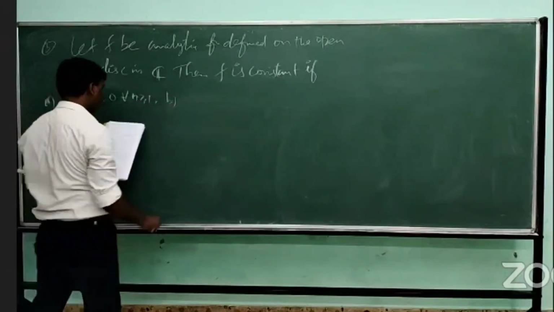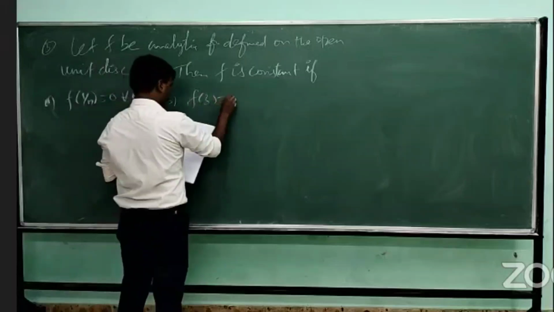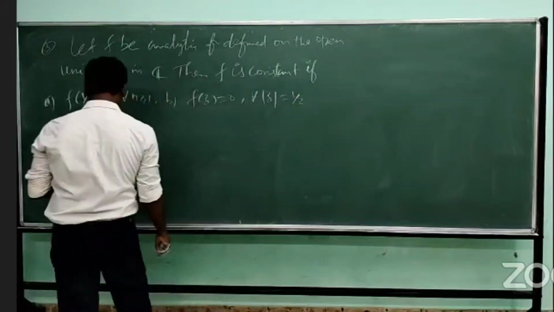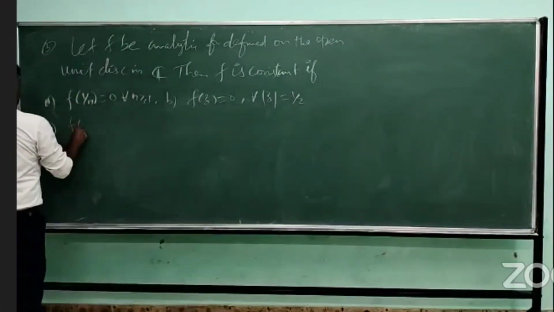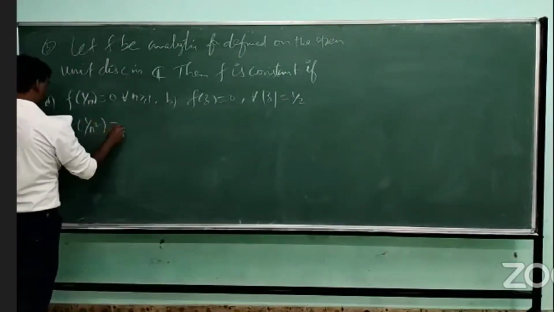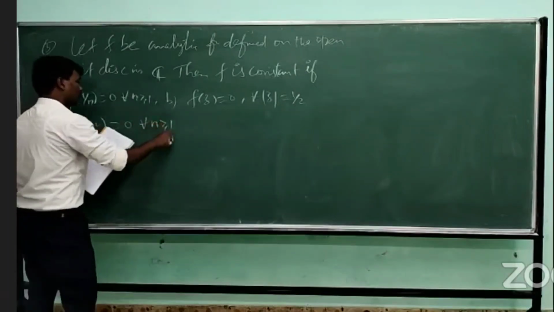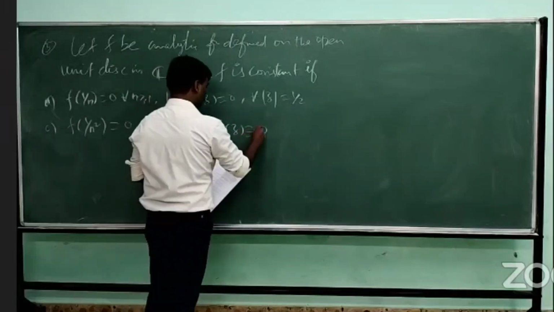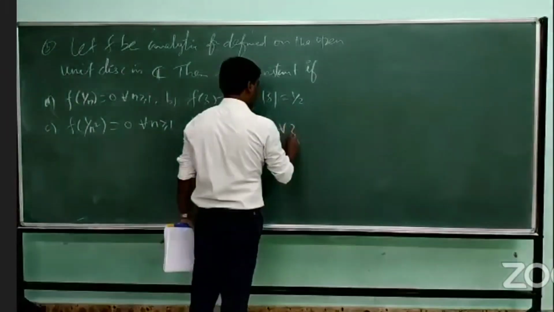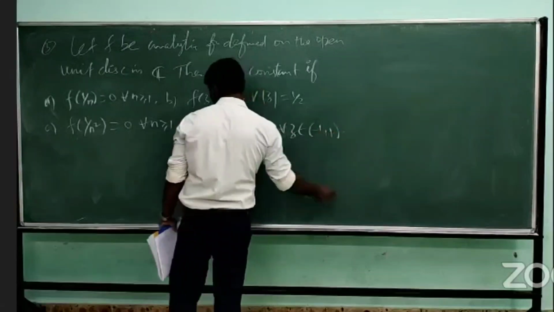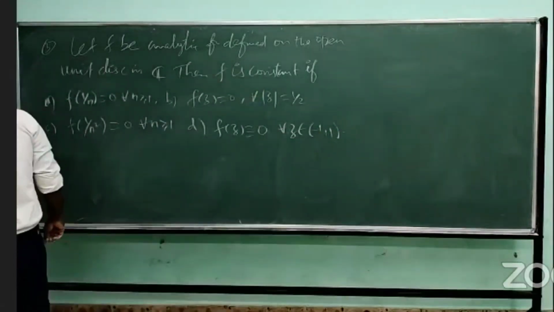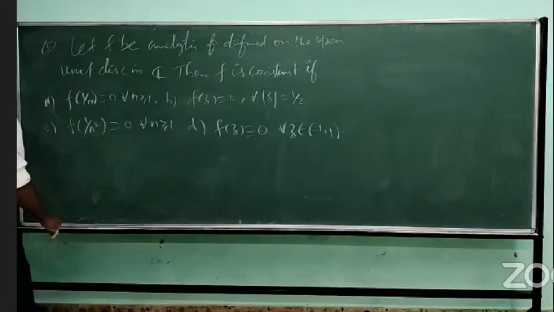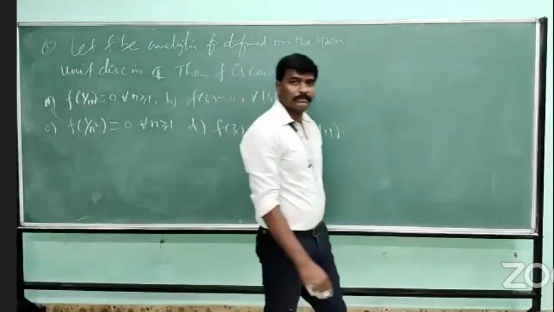Option B, f of z equals 0 for every |z| = 1/2. Option C, f of 1/n² equals 0 for every n greater than or equal to 1. Option D, f of z equals 0 for every z in [-1, 1]. The hint is only the uniqueness theorem and identity theorem; from that you can conclude.